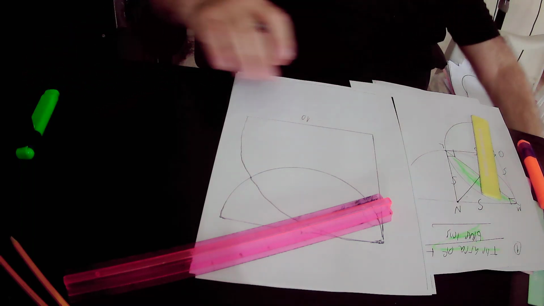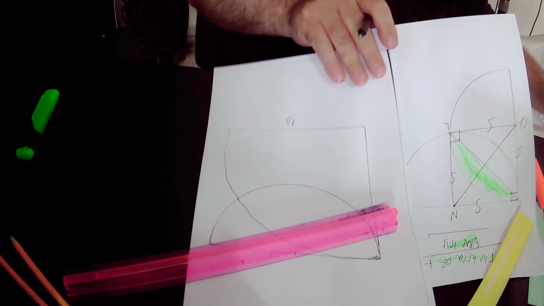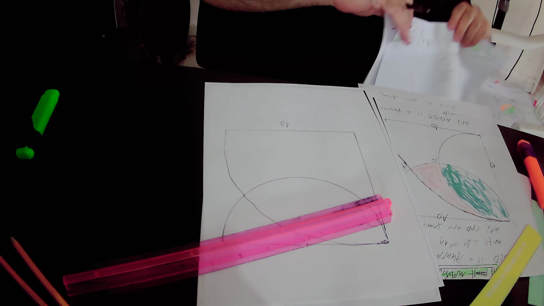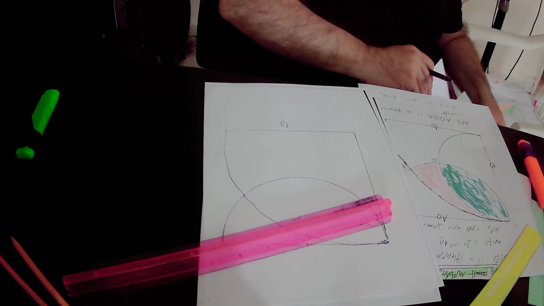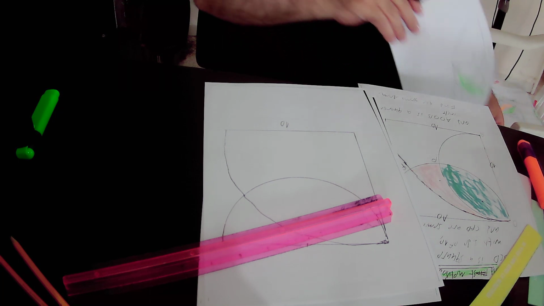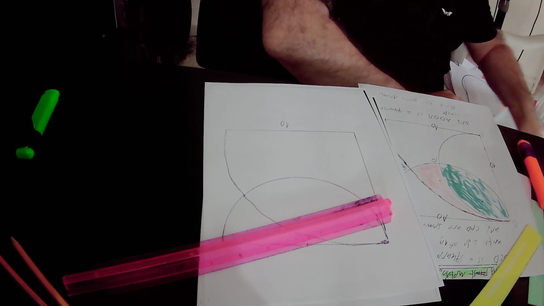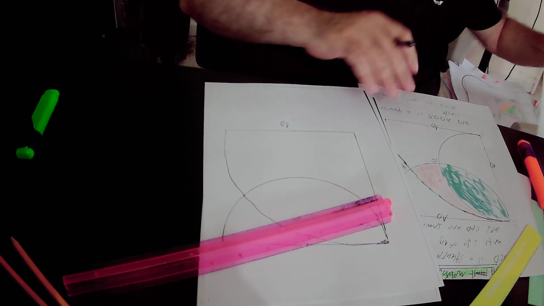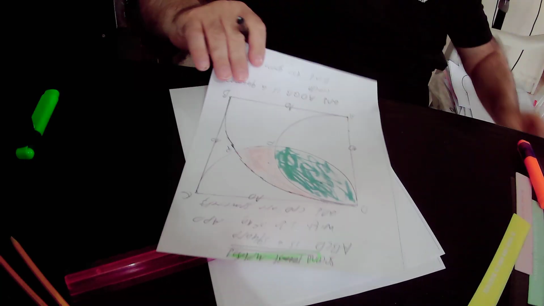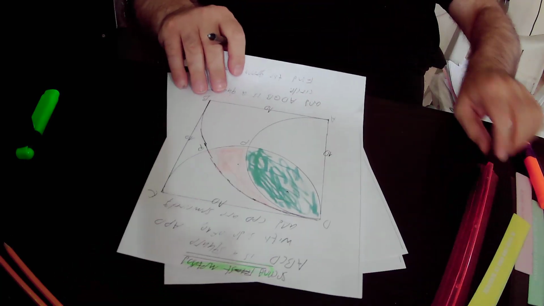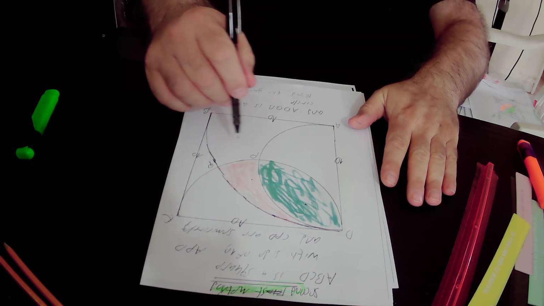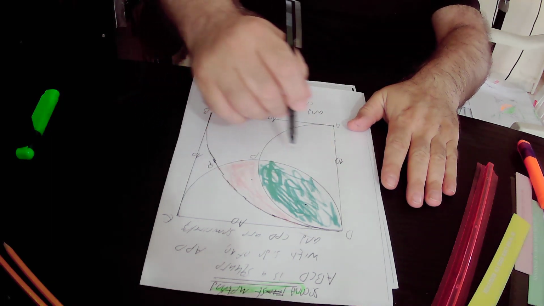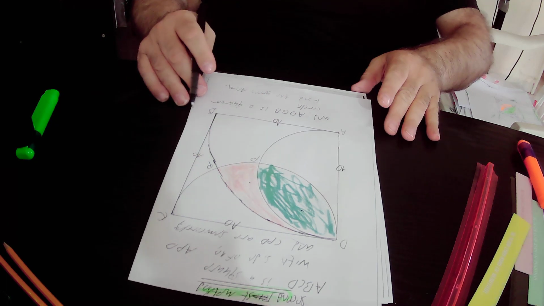In the second step, we will find the area of the big lens. We will find directly, without any formulas, the area of this big lens.